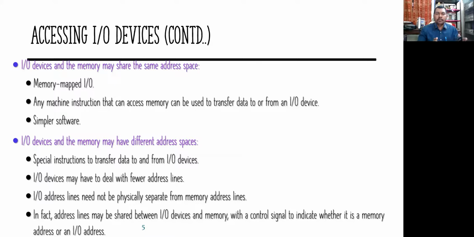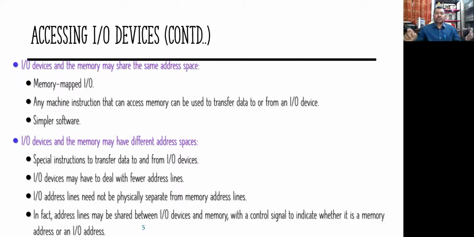Why are these things very important? Because we need to understand how a processor communicates with the input output devices as well as the memory. Memory is an integral part of the processor, though it is not inside the microprocessor but outside it. I have already shown you where the memory and the microprocessor IC are placed in the kit. Memory is outside the microprocessor 8085, and input output devices are also outside it.